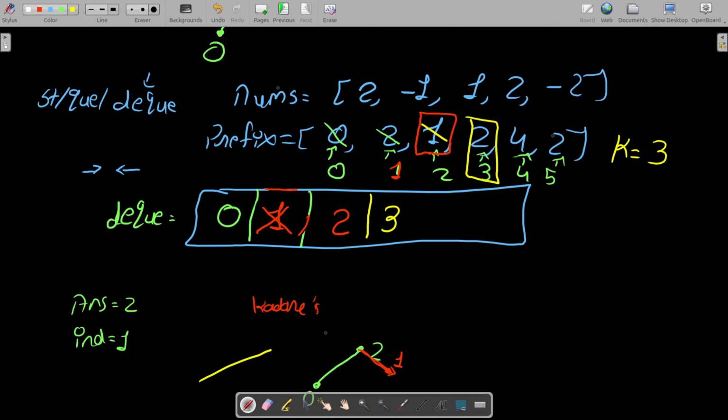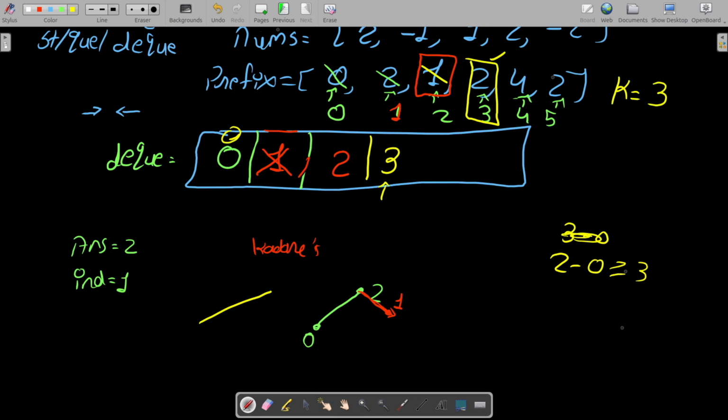So I have taken this third index, meaning this 2 and the last one 0. 3 minus 2 minus 0 is greater than or equal to 3 or not.